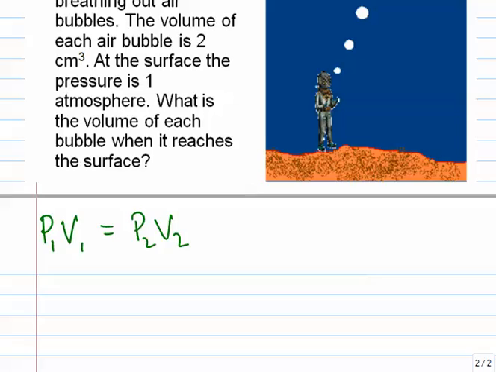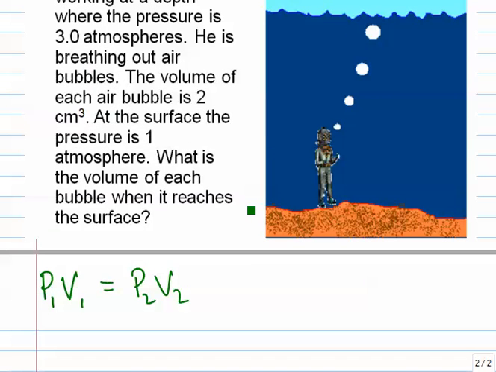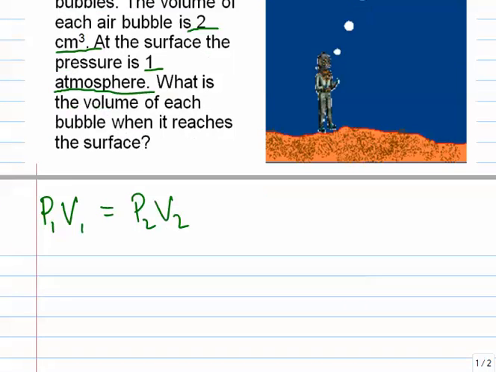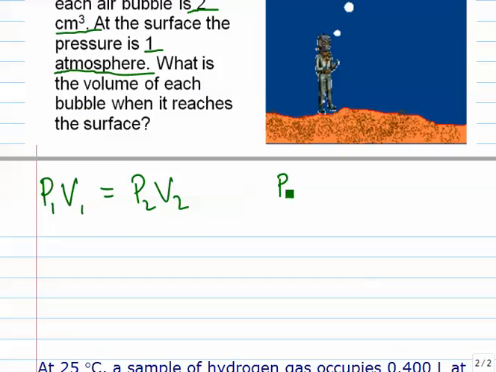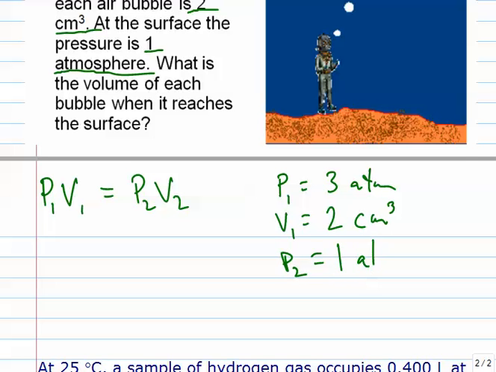In this particular problem, our initial pressure is 3 atmospheres and our initial volume is 2 cubic centimeters, and then we have a final pressure of 1 atmosphere. So the final pressure is smaller than the initial pressure. P1 is equal to 3 atmospheres, V1 is equal to 2 cubic centimeters, and P2 is equal to 1 atmosphere.